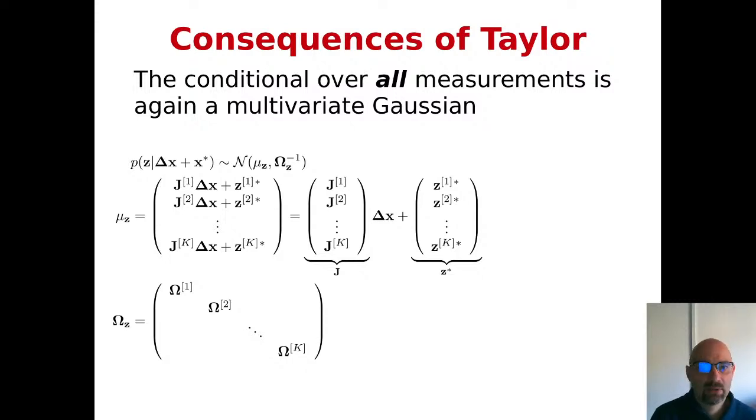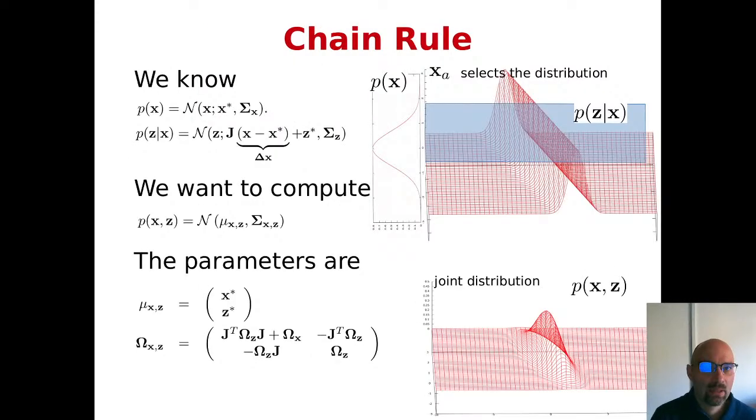And then now we apply our chain rule. Once again, I invite you to have a look at the chain rule as described in the lesson where we covered the topic. In this circumstance, we will be using the formulation of the chain rule in information form, so with the omega instead of with the sigma.